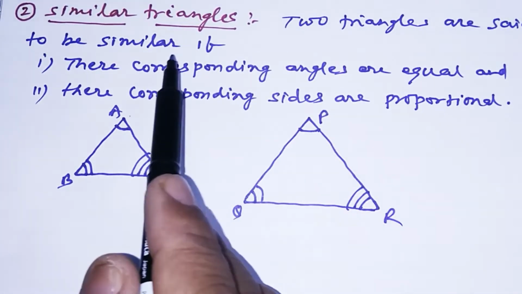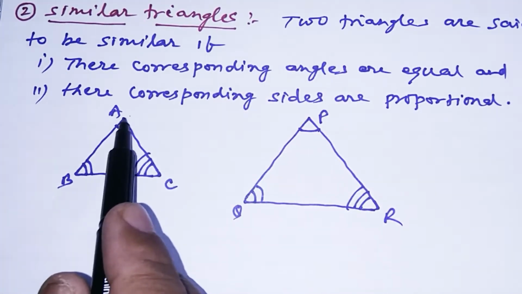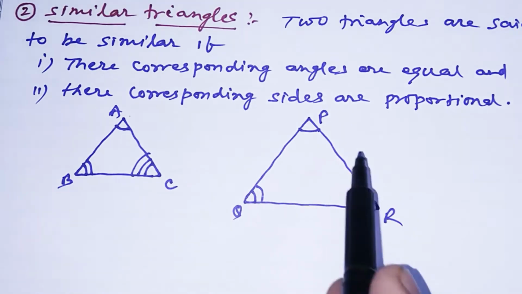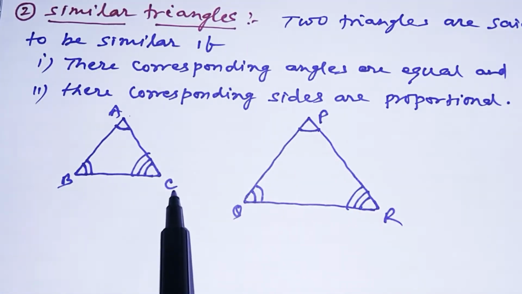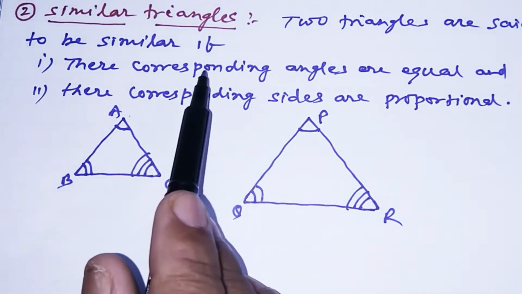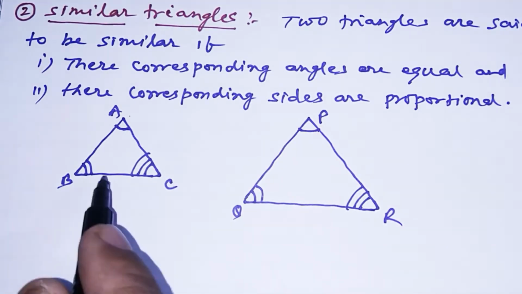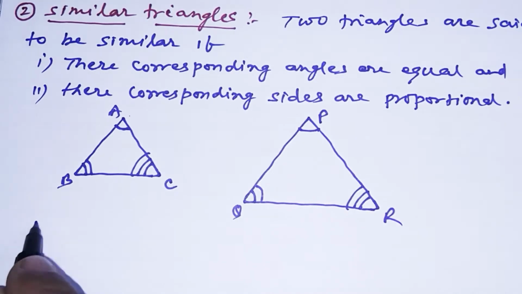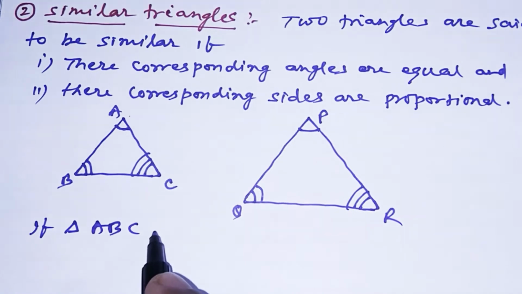If the two triangles are similar, then these two results hold. Triangle ABC is similar to triangle PQR, where A corresponds to P, B corresponds to Q and C corresponds to R. So angle A equals angle P, angle B equals angle Q and angle C equals angle R. This is the symbol to represent the same shape, similar.